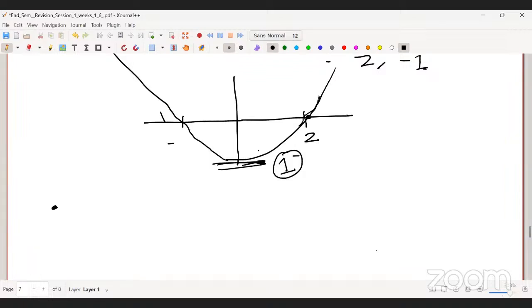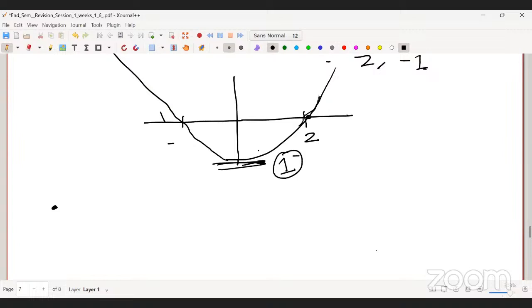Okay. So again, the thing is, we are ignoring a few things. We are not considering all the points at which the slope of the function is 0. We are ignoring a few points.